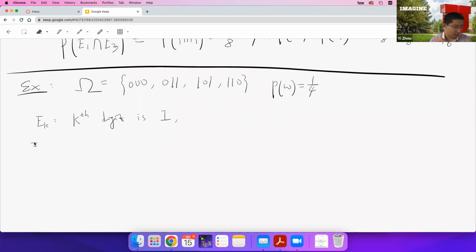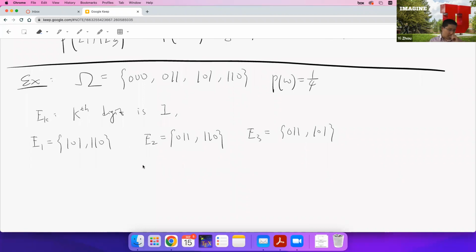So E1 contains these two, E2 contains these two, and E3. And we want to check the independence between E1 and E2.